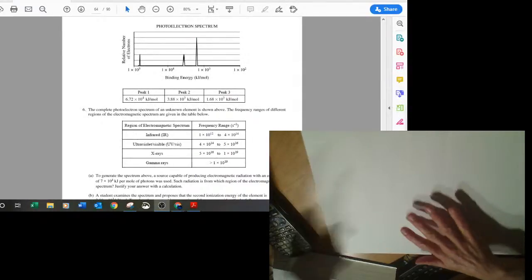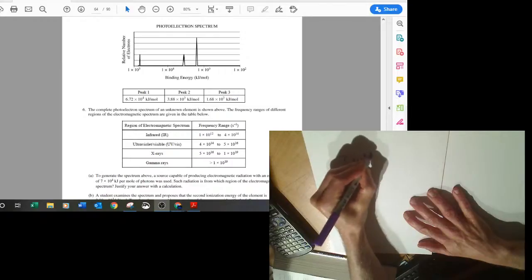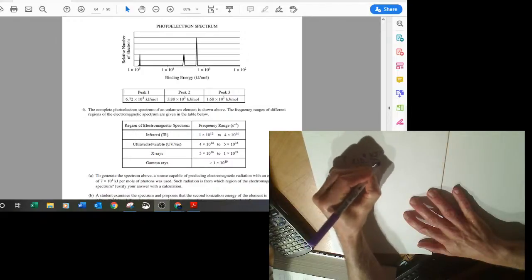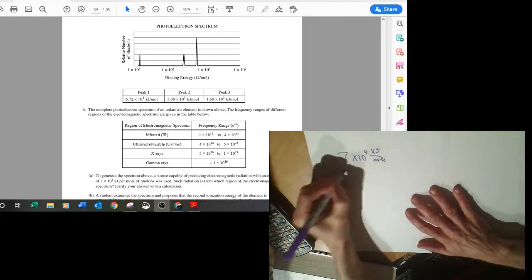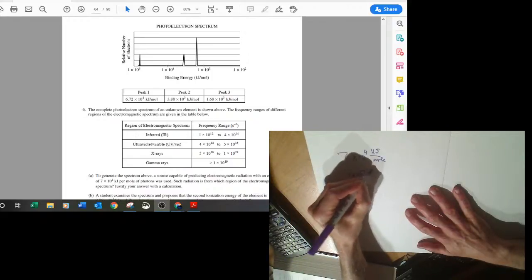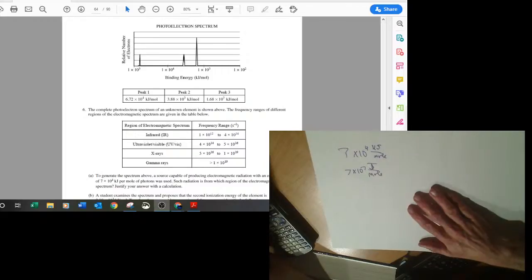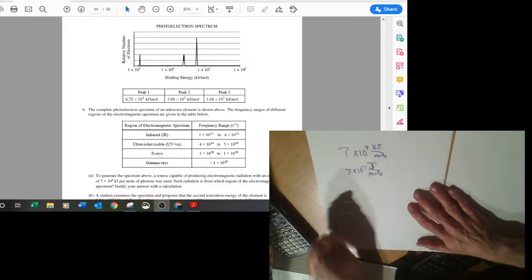So we're given 7 times 10 to the 4th kilojoules per mole. Alright? Which we have to immediately convert to use joules, which would be 7 times 10 to the 7th joules per mole. Reason being is there's 1,000 joules in a kilojoule, so the unit gets 3 times bigger.